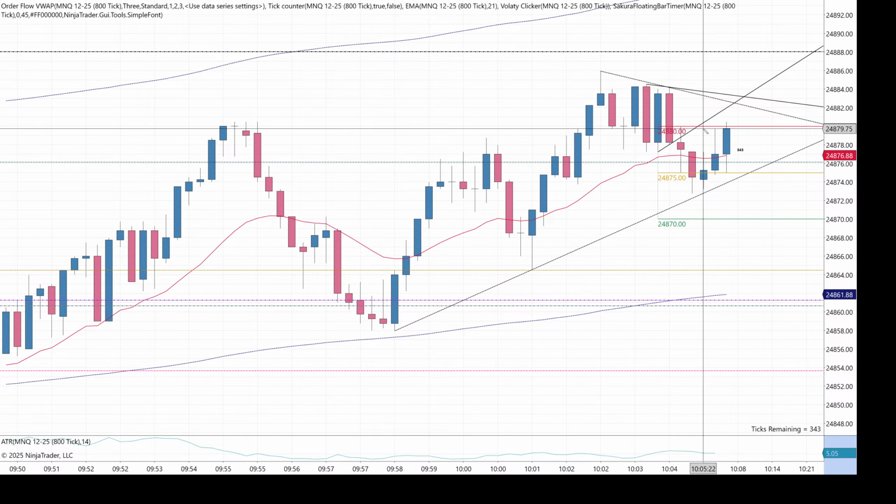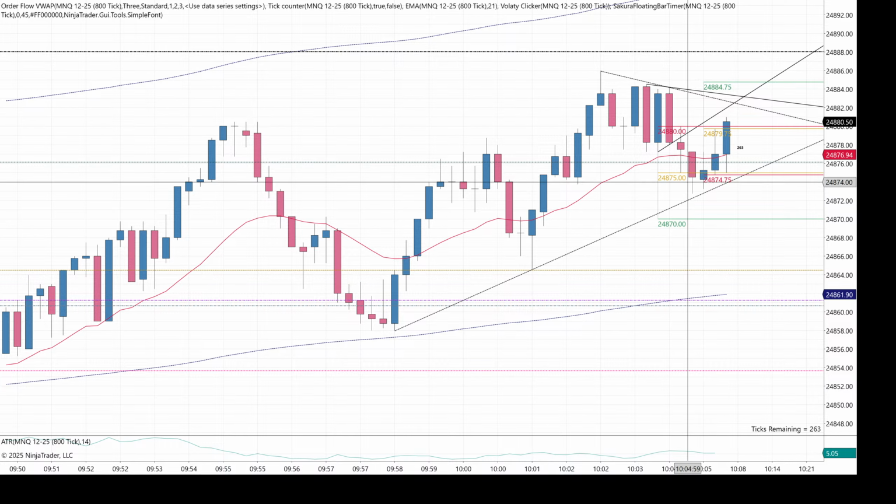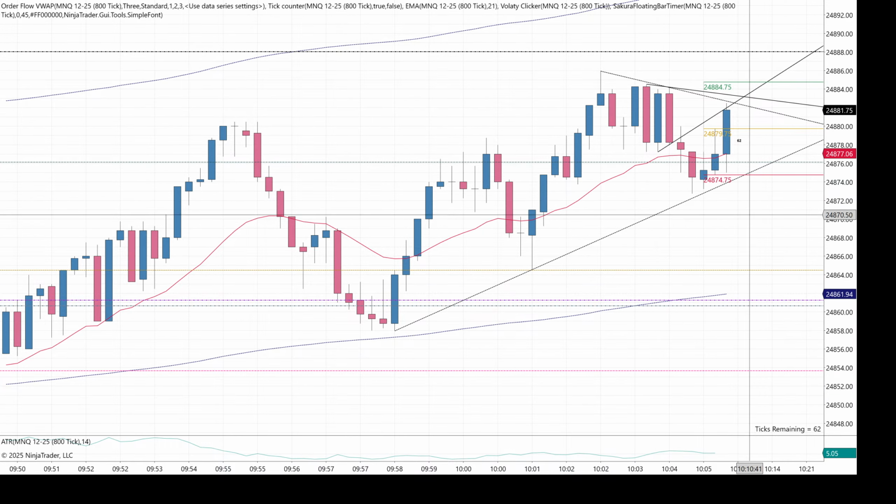Okay, so this is a trigger to go higher, but we can't take it. We have all this resistance right there with these trend lines.